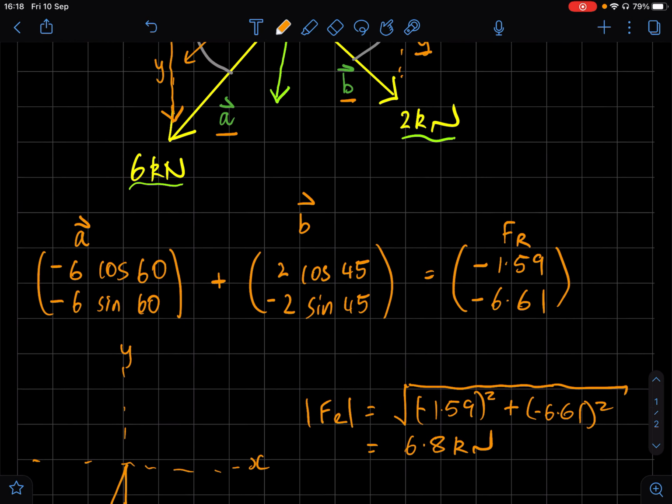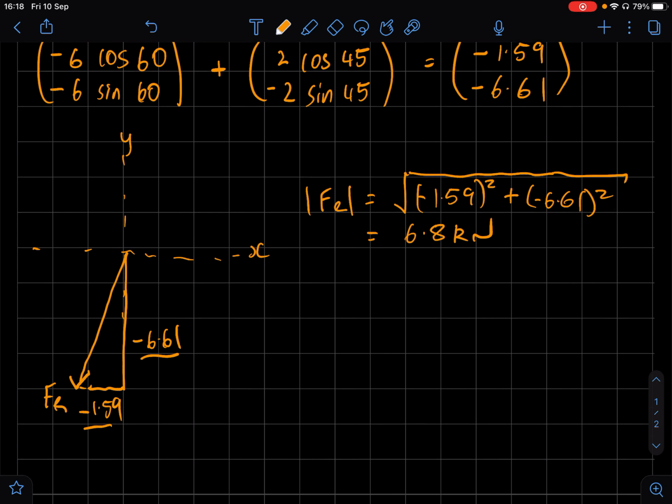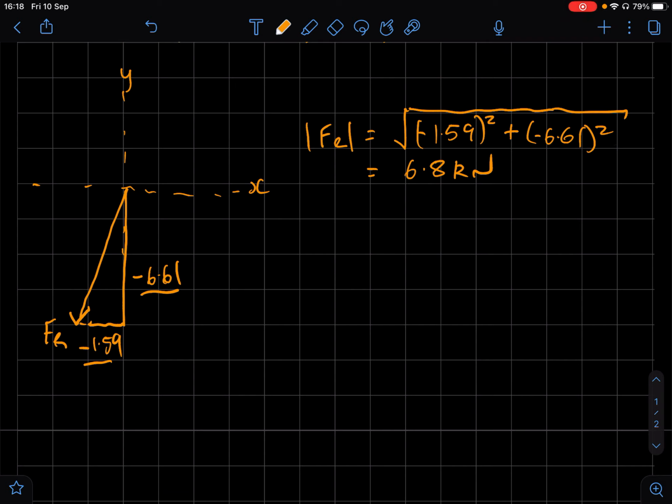And now let's determine this angle. I think we're going to go from the x-axis. This is the angle that we want, right? To calculate that angle, it's going to be this 90 degrees plus this phi of that triangle, isn't it? So let's calculate phi first. Phi will equal arctan of opposite 1.59 over adjacent, which will be 6.61.